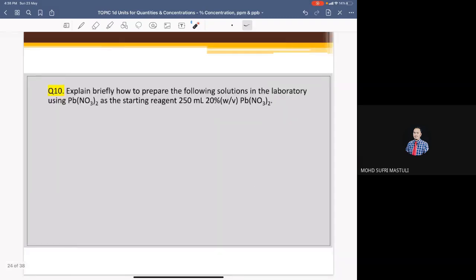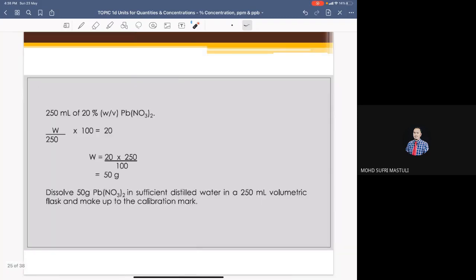So explain briefly how to prepare the following solution in the laboratory using PbNO3 as the starting reagent: 250 ml of 20% weight per volume PbNO3. So 250 ml of 20% weight per volume.